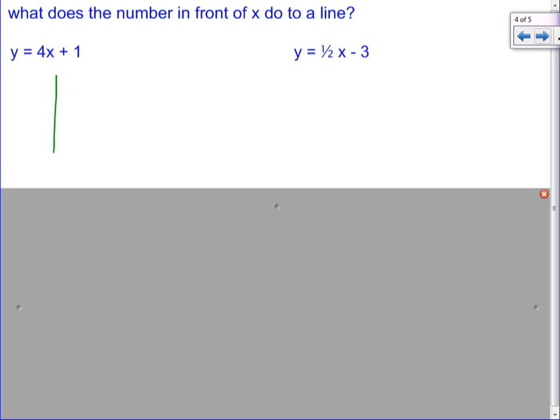So if we were going to graph this one, we would start at up 1, and then we would have up 4 over 1. And if we had this one, let's just do a quick sketch. We go down 3, we go up 1 over 2.